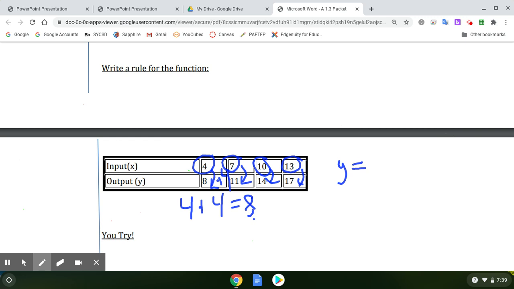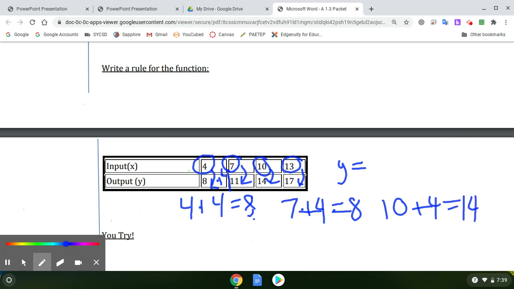Starting with our input of 7, 7 plus 4 equals 11. And then 10 plus 4 equals 14. So as you can see, each of these numbers represent our inputs.